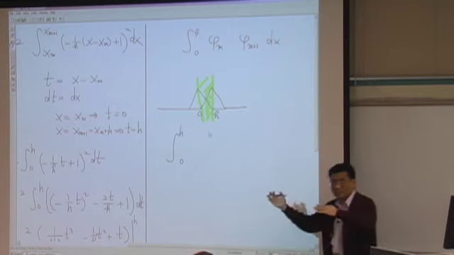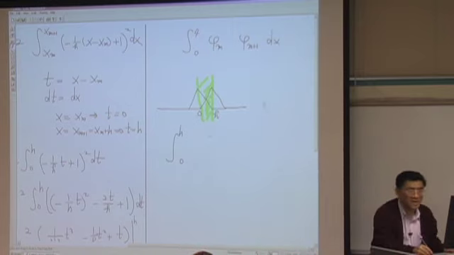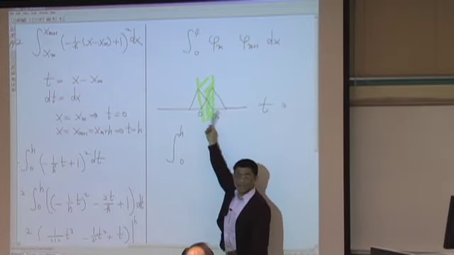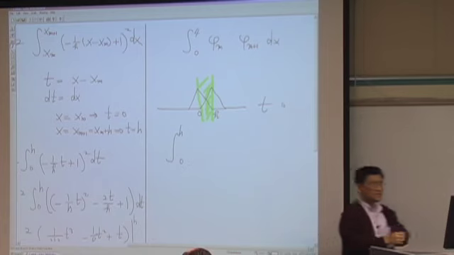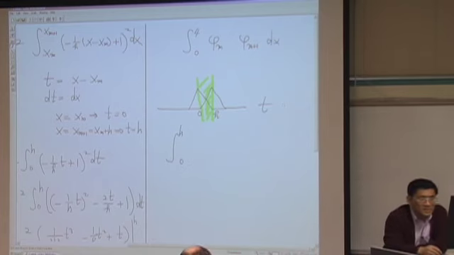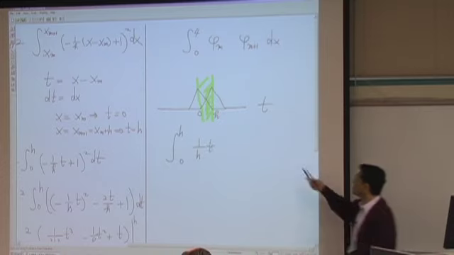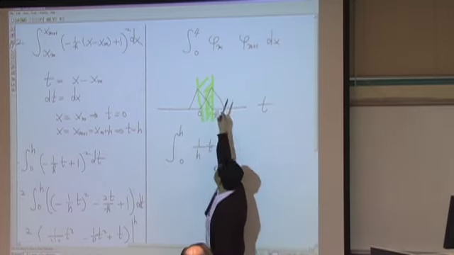After translation, instead of using the x-axis, we are using the t-axis, and the t-axis is from 0 to h. And this function is 1 over h times t. Do you follow me?